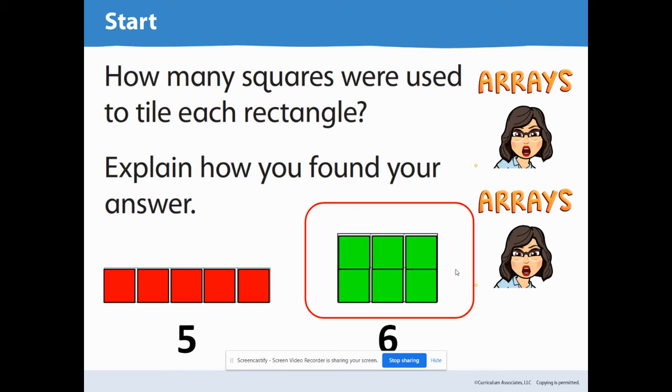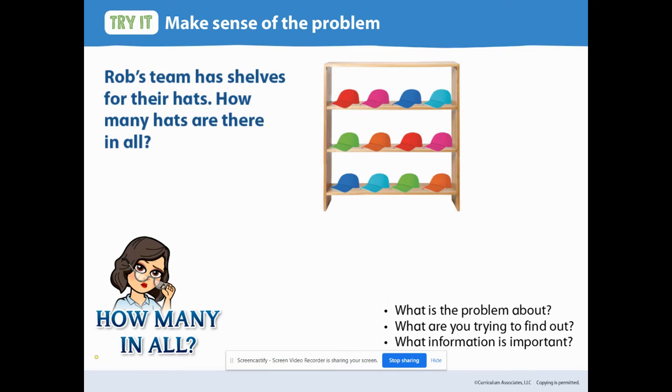Did anyone count 3, 6? 3 plus 3 is 6. Doubles. Ooh, we're using our doubles facts or repeated addition. 2 plus 2 is 4, plus 2 more is 6. That's a faster way, right? So let's be thinking about arrays and how we can use arrays to count faster or add faster.